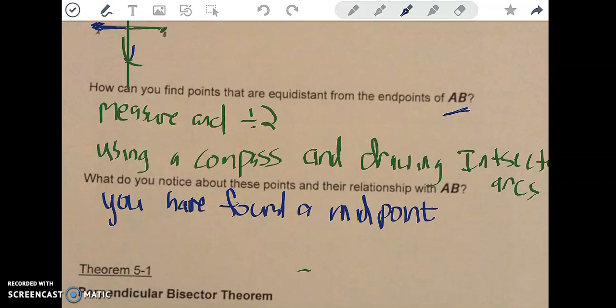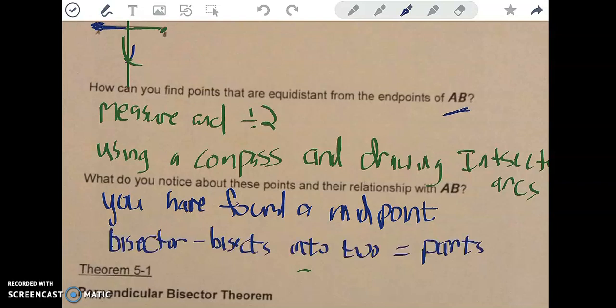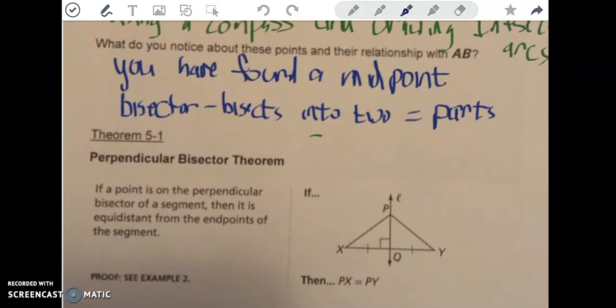Not only have you found a midpoint, but you have also drawn a line that bisects. So you're bisecting the line. And we've talked about bisecting before, where it'd be angle bisectors, but now we're going into perpendicular bisectors.